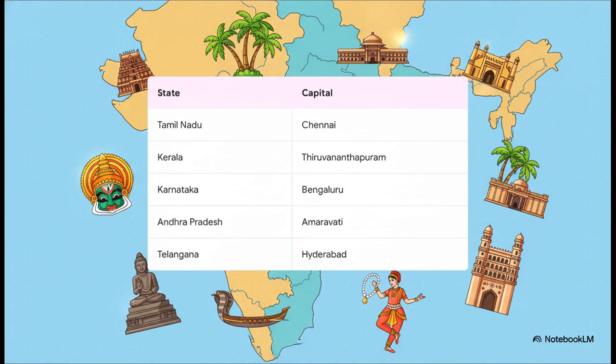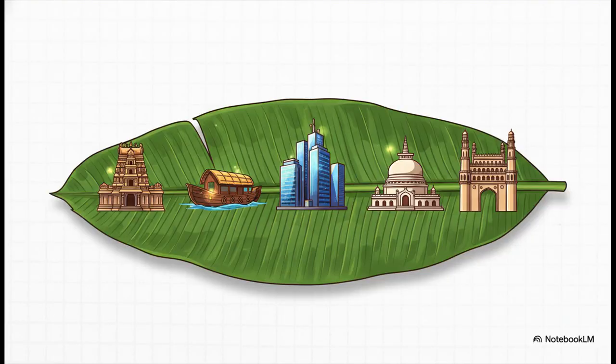Each one of these places is just packed with its own unique culture and history. And yep, you guessed it, we've got another trick. For the southern capitals, the mnemonic is Chatti Pe Ahai. I know, it's a bit of a mouthful, but it links directly to Chennai, Thiruvananthapuram, Bengaluru, Amaravati, and Hyderabad. Say it a couple of times, and I promise it'll stick.